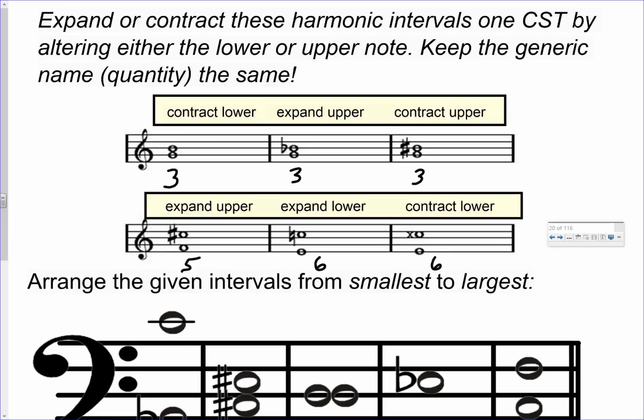So we've just discovered the quantity. Now I need to expand or contract according to the directions for each measure the harmonic interval's one chromatic semitone by altering either the lower or upper note while keeping the generic name the same. So just a couple of vocabulary words we should be familiar with, but we'll do a quick review. When we expand something, we make it larger. When we contract something, we make it smaller.